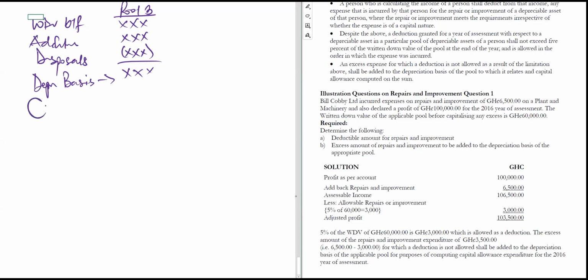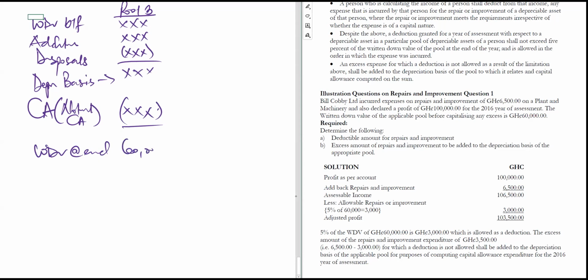Now, you get capital allowance. This capital allowance is not real. It's a notional capital allowance, meaning that you just compute it so you can get the written down value at the end of the year. And this is what the question has given to us as the 60,000. So the 60,000 you see in this question, they would have done all this working to arrive at it. Do you all follow?